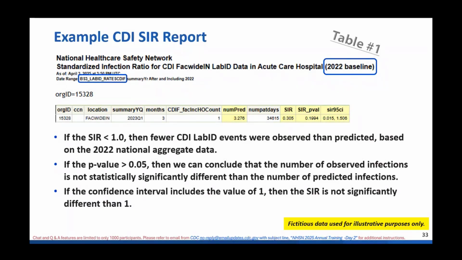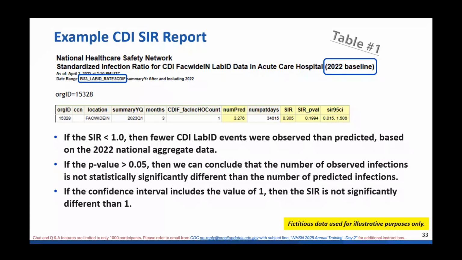Okay. So moving to the interpretation of the SIR. If the SIR is less than 1, then it is interpreted as that there were fewer CDI LabID events than predicted based on the 2022 national aggregate data.